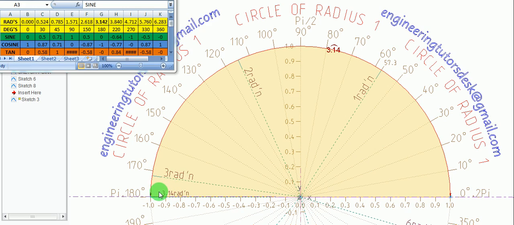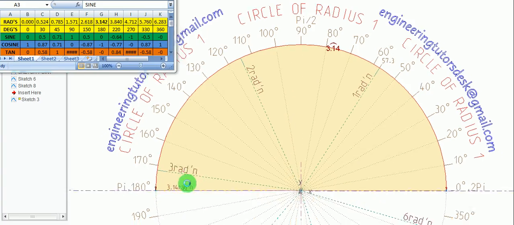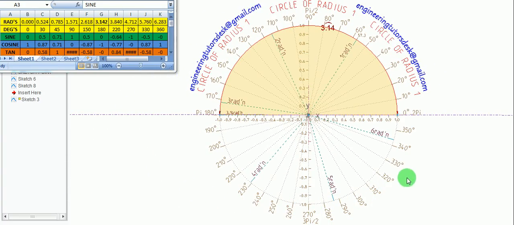Or this value can also be represented by a symbol called pi. When 180 degrees is represented as pi or 3.14 radians, then 360 degrees can be represented as 2 pi or 6.28 radians.